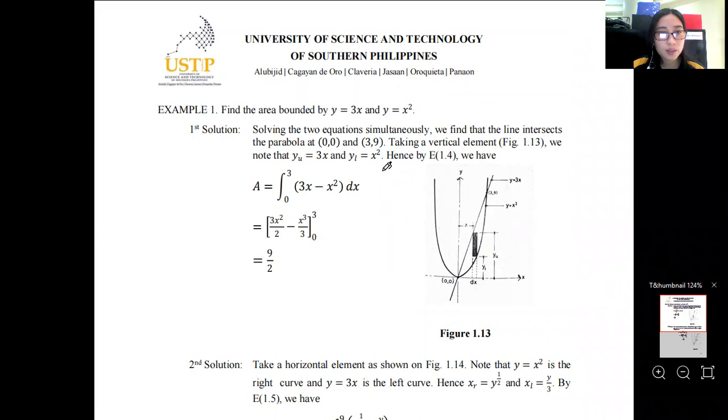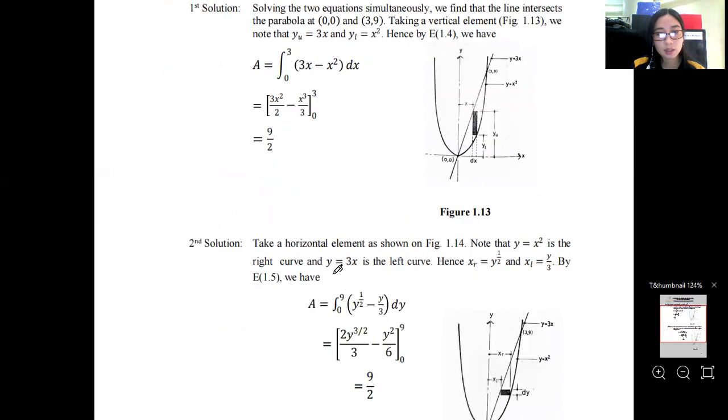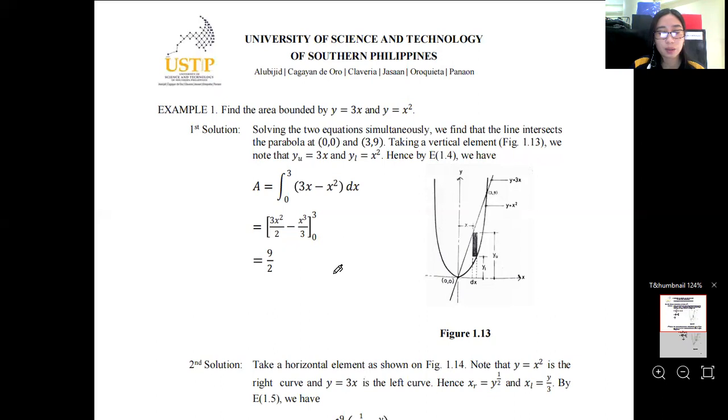So for our first solution, since I told you earlier that in finding the area under the curve, we can solve it using a vertical strip, the most common, and then a horizontal strip, which we can arrive at the same area. By the way, since gipangita man ang area diri, dapat ang atong answer diri is 9/2 square units. Square units lang kay wala man siya naghatag og value or unit or dimension.